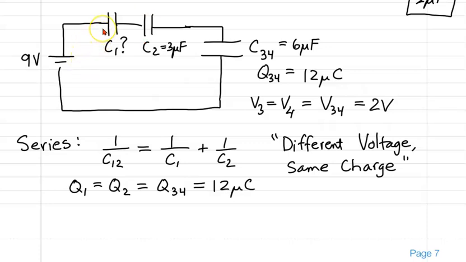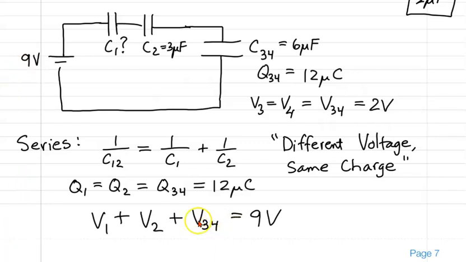The voltage drops, like we said before, V1, the voltage drop across C1, plus the voltage drop across C2, plus the voltage drop across C34 must equal the total drop, which will be 9 volts. So that's an equation we have as well.